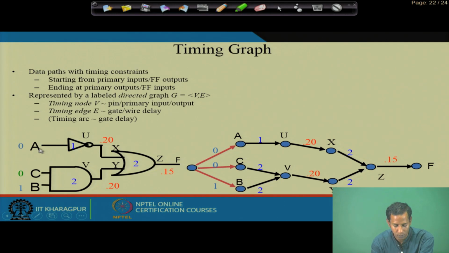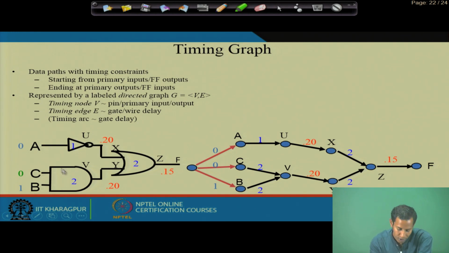Then again A to U, considering this 1, C to V is 2, then B to V again is 2, because this is the input to C to V, B to V. Then U to X corresponds to 20, V to Y corresponds to 20, and then X to Z, Y to Z correspond to 2 and 2, and this Z to F corresponds to 15.